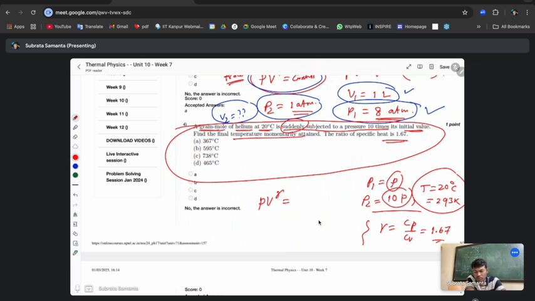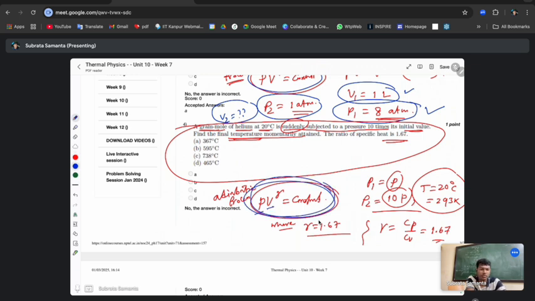So this is the adiabatic process, and the gamma value is given as 1.67. But in this problem the pressure changes from P1 to P2, and you have to calculate the temperature.